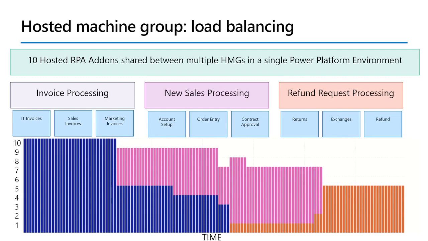So we need 10, 19, 24 machines. Well, no, you don't. You don't need 24 machines. You don't need to have machines dedicated to running these refund processing all the time, because the demand for that is only towards this portion of the day. So really, we only need 10 machines because we can share across these various workloads with hosted machines, and that's really what they're all about.